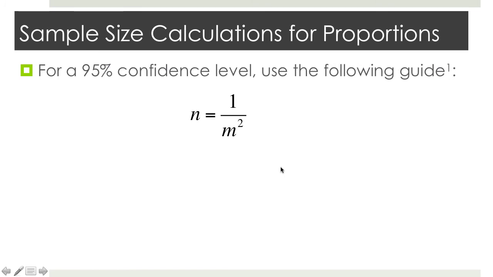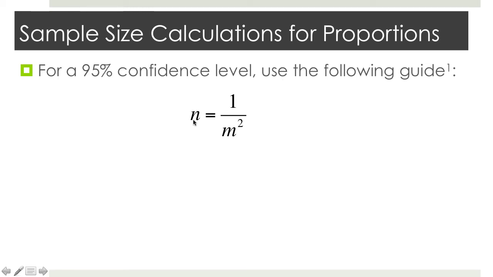Now let's go ahead and shift over to sample size calculations for when you're calculating population proportions. So for a 95% confidence interval, we're going to use the following guide. This is the only confidence interval for which we're going to provide this guide. Others would require different formulas, but for now, because the 95% confidence interval is the most common one, we'll stick to this just for the sake of keeping things simple.